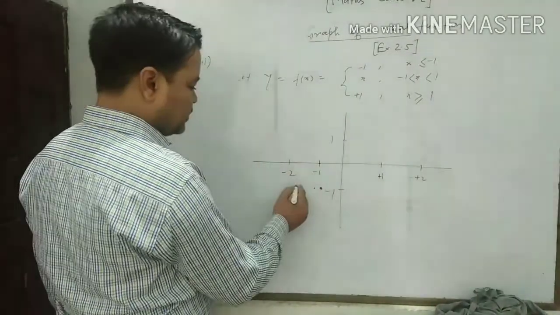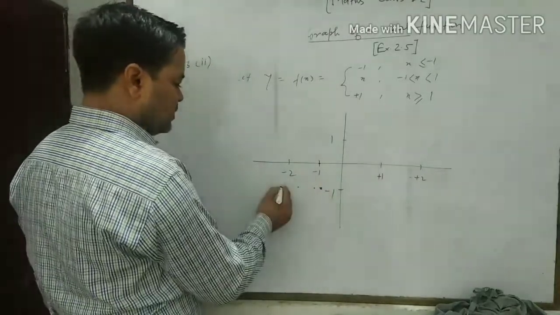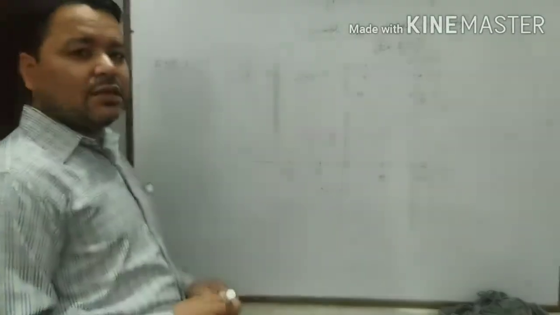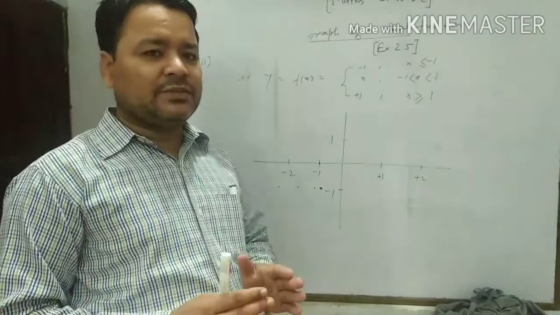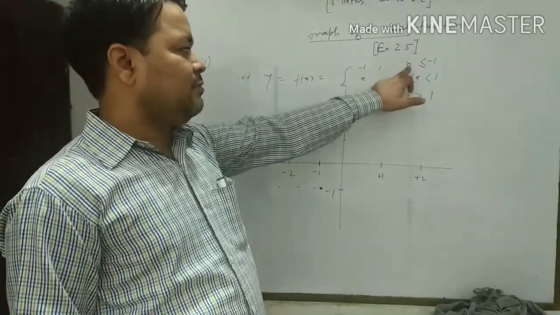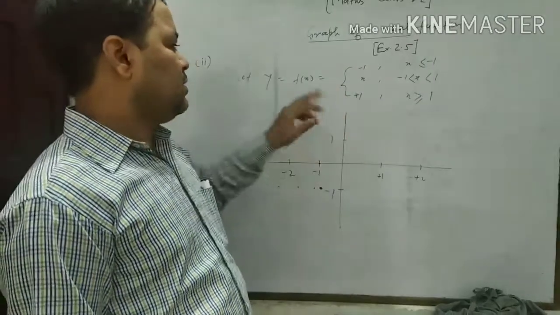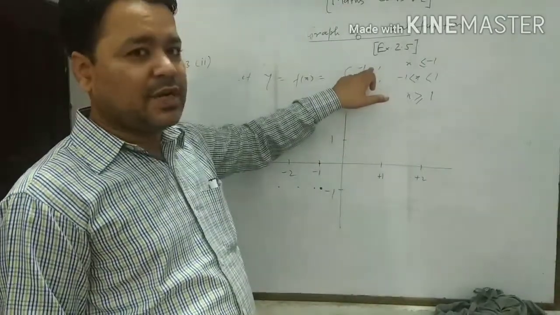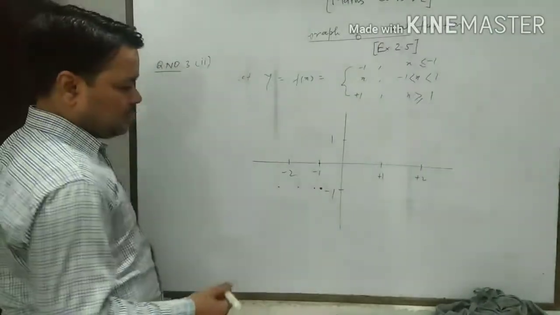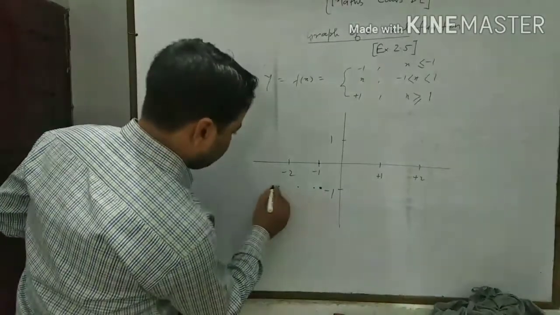If we take minus 2, then also. If we take minus 3, then also. Whatever value of x we take, equal to minus 1 or less than minus 1, the value of y will be constant, minus 1. It will be like this way here.